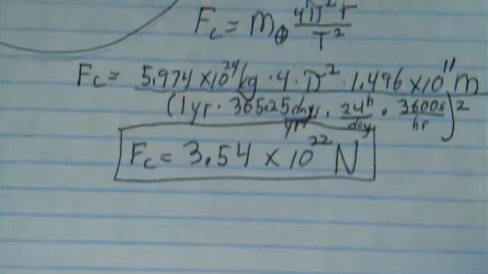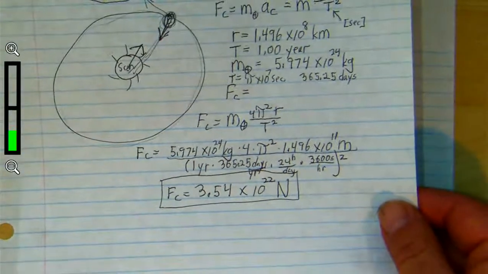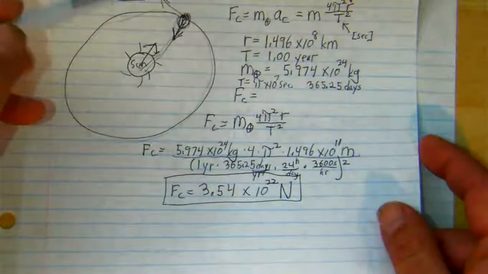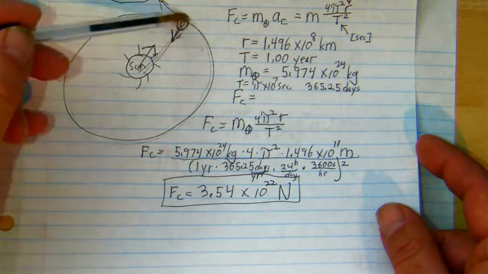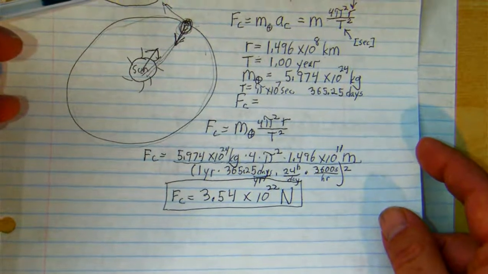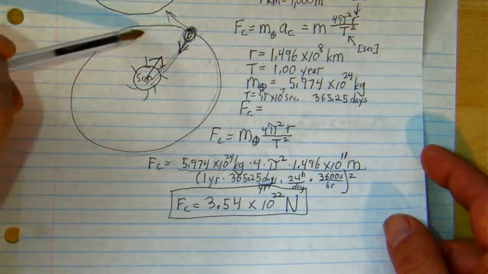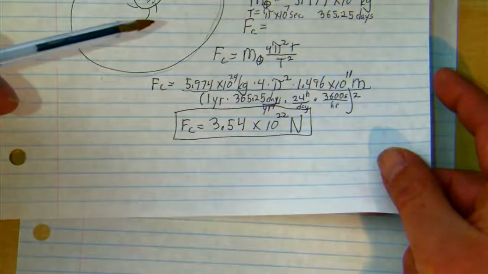That was the centripetal force calculation that we had just completed a few minutes ago, to calculate what force is necessary to force the Earth to not fly off on a tangent to its orbit around the Sun. The necessary force worked out to be 3.54 times 10 to the 22nd power newtons.